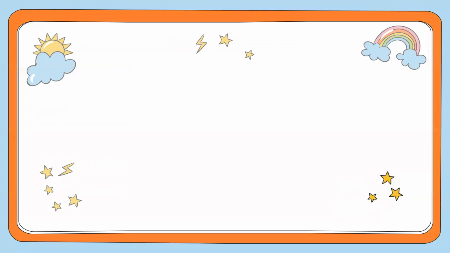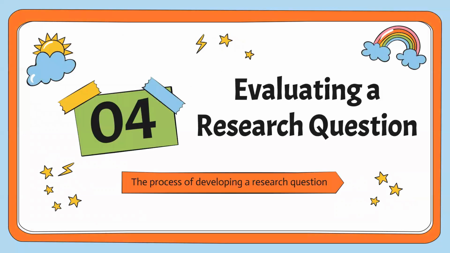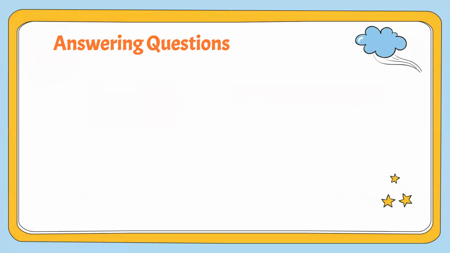So now let us move on to the next topic, that is evaluating a research question, that is, the process of developing a research question. When we evaluate, we need to ask ourselves certain questions when we are formulating or when we have already formulated a research question. Those questions could be: is the question clear and easy to understand? So we need to reflect on the research questions that we have designed.